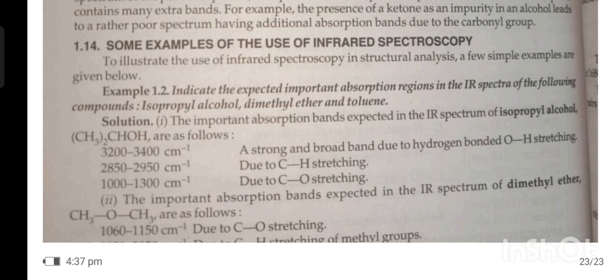The important absorption bands expected in the IR spectrum of isopropyl alcohol are as follows: 3200 to 3400 cm⁻¹, a strong and broad band due to hydrogen-bonded OH stretching. 2850 to 2950 cm⁻¹ due to carbon-hydrogen stretching. 1000 to 1300 cm⁻¹ due to carbon-oxygen stretching.